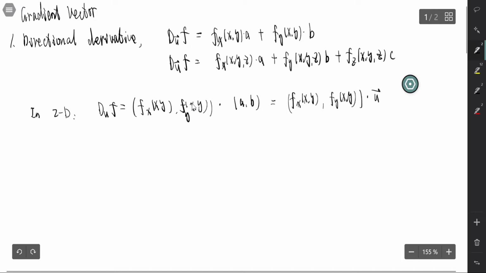And in 3 dimensions, that is (f_x(x,y,z), f_y(x,y,z), f_z(x,y,z)) dot u in 3D.